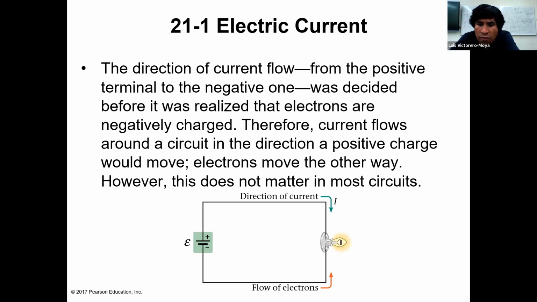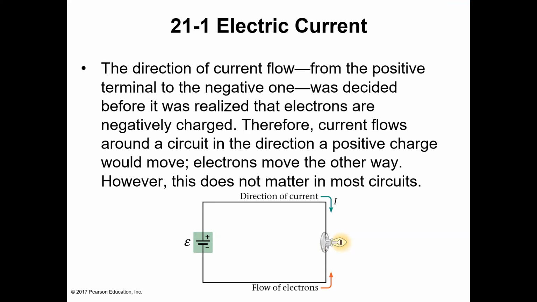You are going to notice that when I draw the current direction in problems, I'm going to use the green direction that you see over there. So from positive to negative. However, you probably already know that there is a problem with that. When the idea of current was introduced and discovered, it was believed that the current was due to the motion of positive carriers, aka protons.